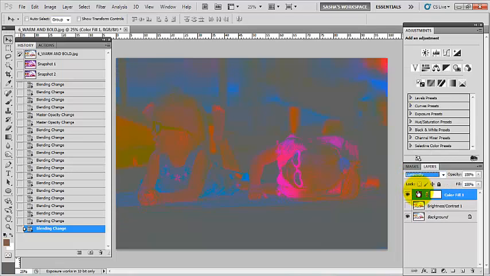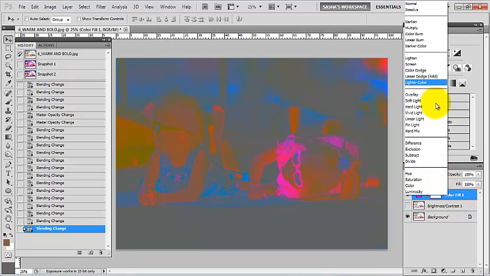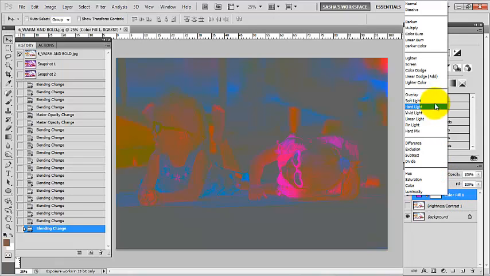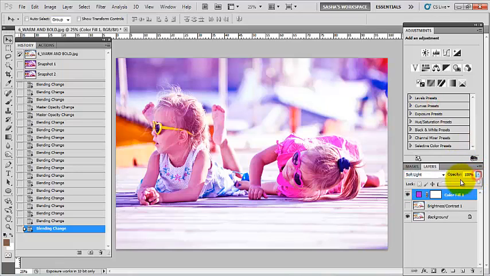And then we have Luminosity, which is very unique in itself. And you can see that it can create a very interesting look to your photograph as well. And so by playing with these blend modes and getting a feel and an understanding for what they do, you can really take your work up to the next level and achieve something that you wouldn't have otherwise been able to achieve without the blend mode use.